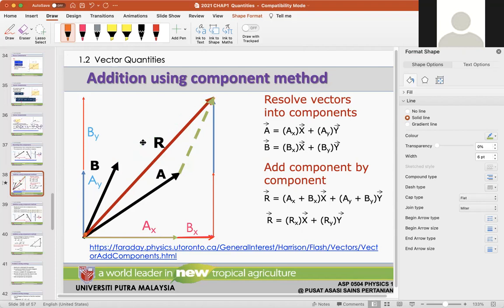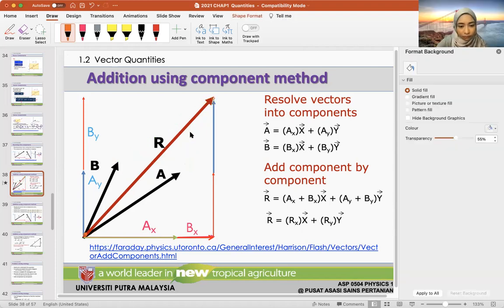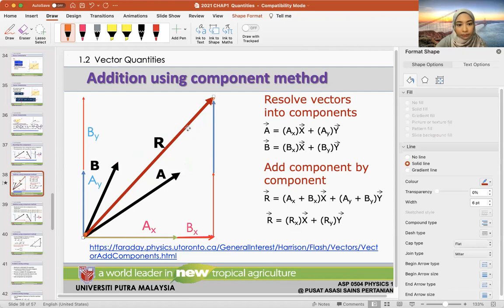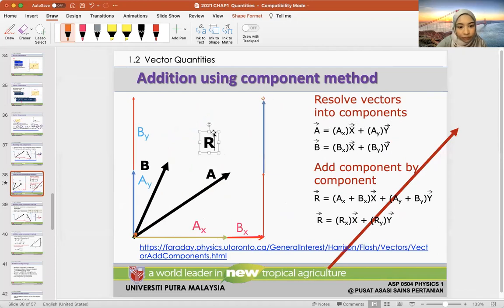Okay, so delete this first. And then let's assume we don't know what the resultant is yet. Let me put it over here. Close this. So this is our resultant. Okay, so I want to add A and B. And I know that I should resolve it by its components because I want to use the component method.